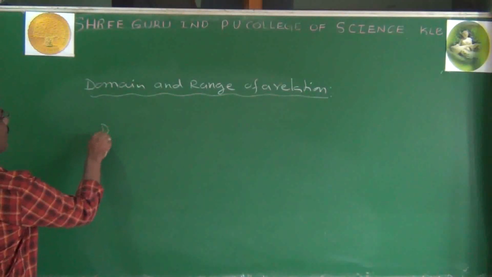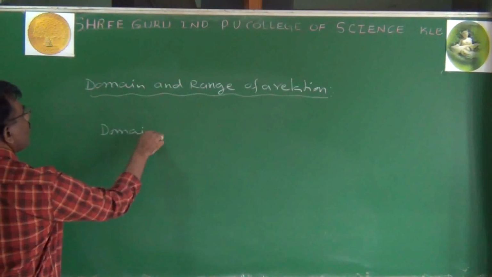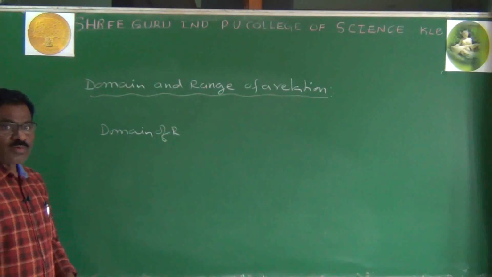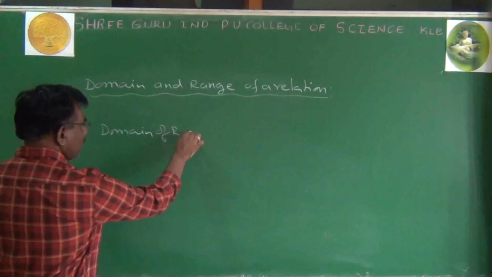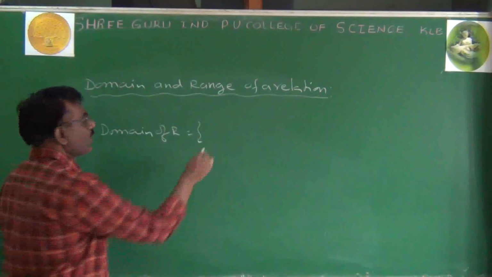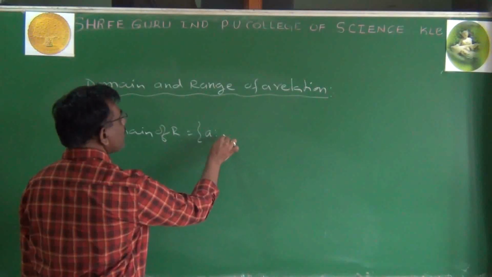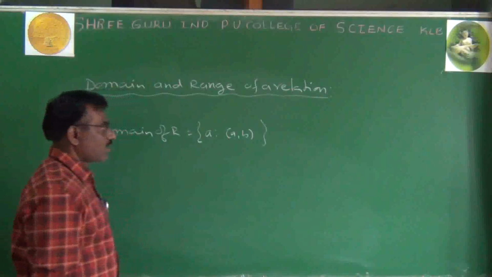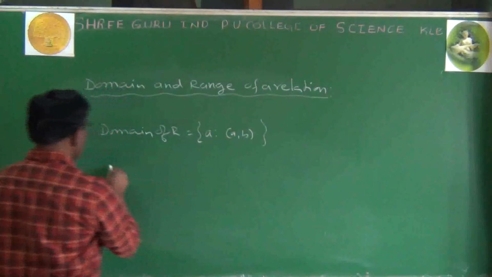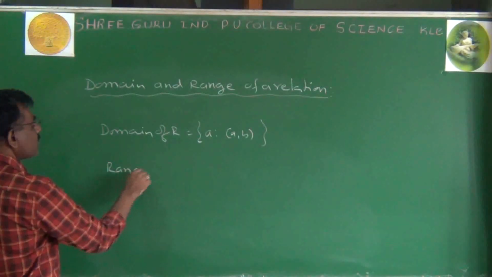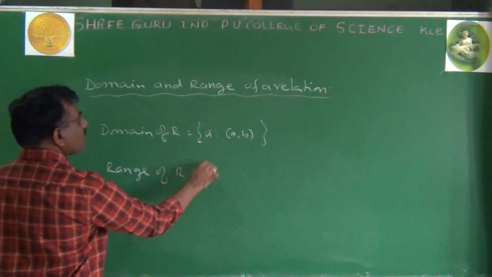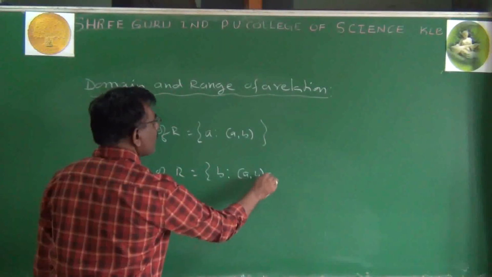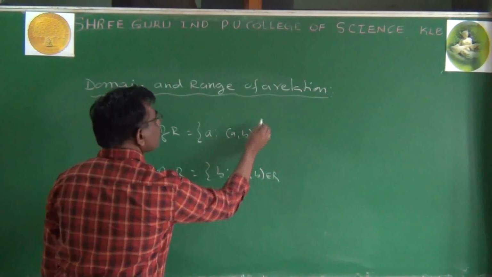For example, the domain of R is defined as a such that (a, b) belongs to R. The range of R is b such that (a, b) belongs to R.